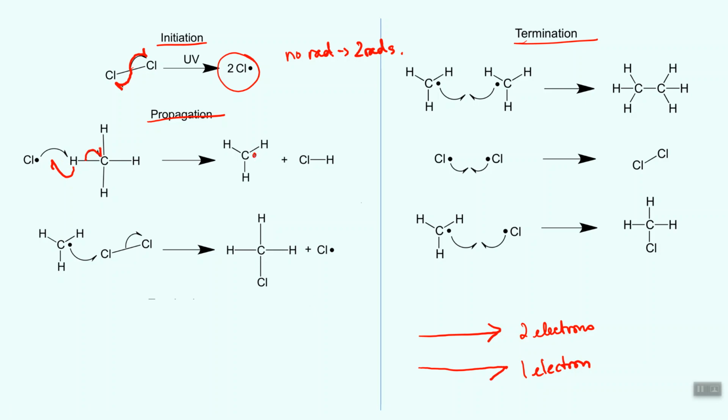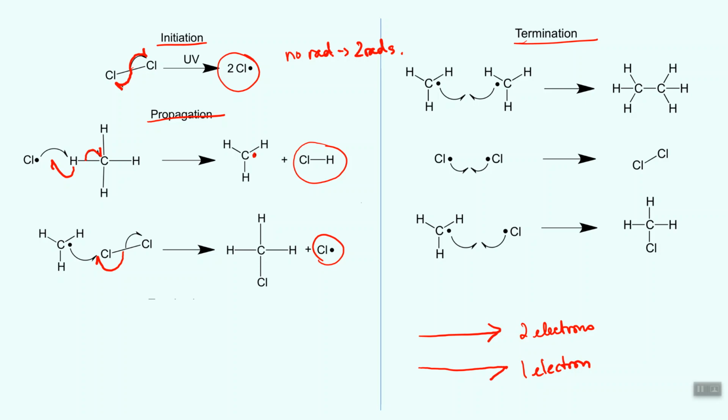Now you can see that the radical is on carbon and hydrochloric acid has been produced. Then this could happen again, and you can have two radicals coming together to form another bond. So now I have chloromethane, and I've reproduced my chlorine radical. So these can continue to go on.